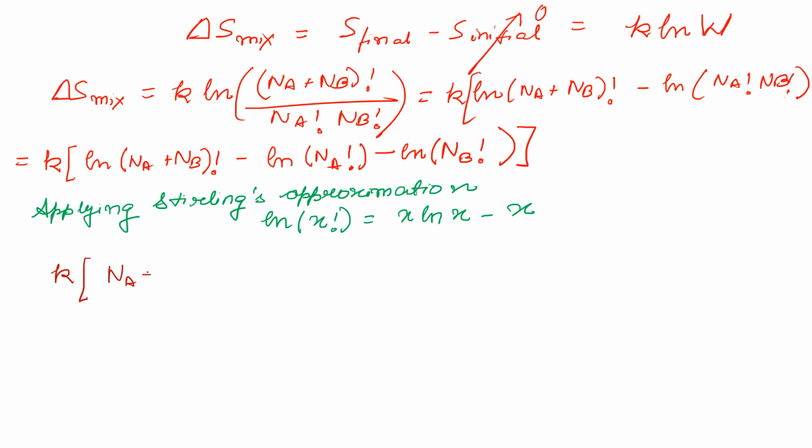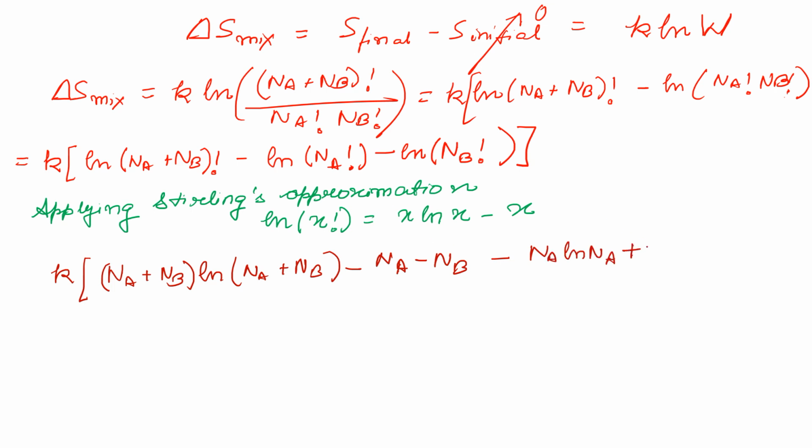In that case, Na plus Nb is nothing but x here, minus Na, since it's negative, so it's negative here, and then minus Na ln Na plus, because it's negative, plus Na, and minus ln Nb plus, again we have negative at the outside, so we have this.